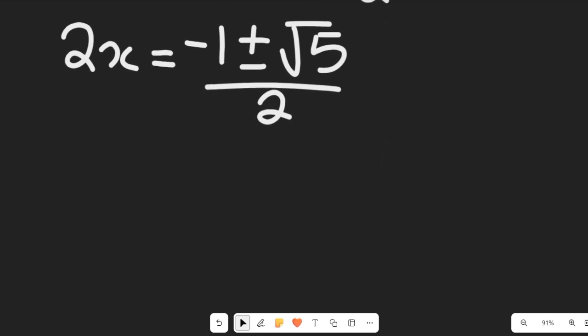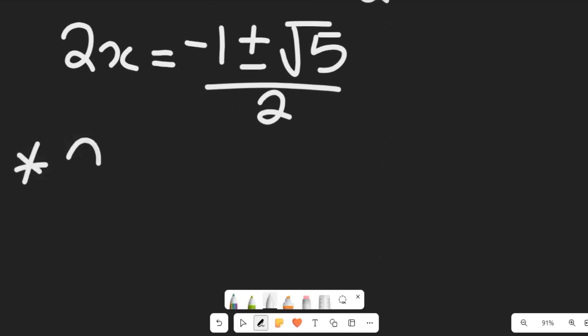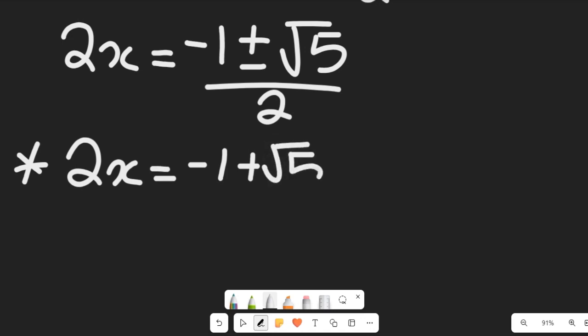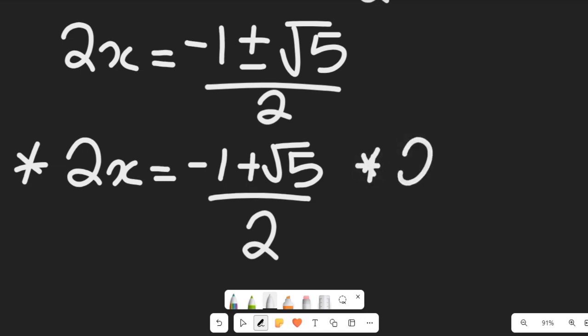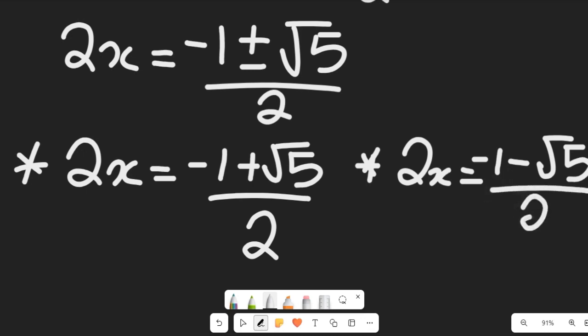Now, if we expand this, in the first case, we have 2x equal to negative 1 plus square root of 5, divided by 2. And in the second case, we have 2x equal to negative 1 minus square root of 5, divided by 2.